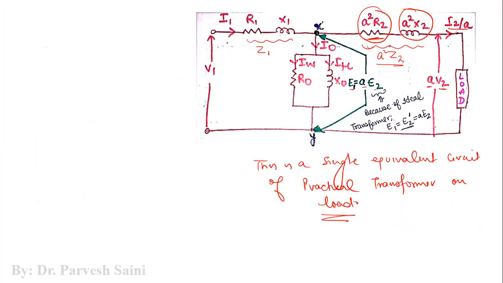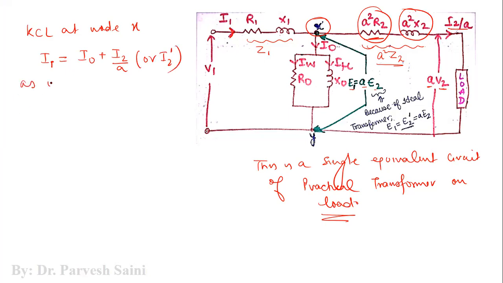Now if we see here, this current I1 is equal to, now if we apply KCL at node X, I1 is equal to I naught plus I2 by A, or I2 dash, right?